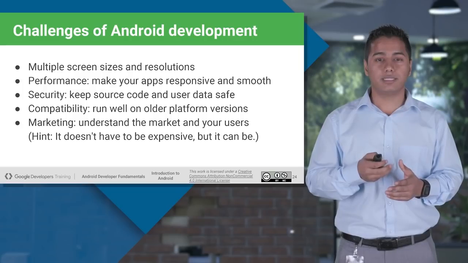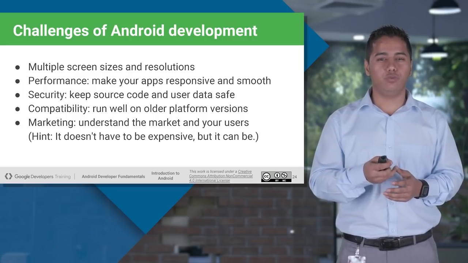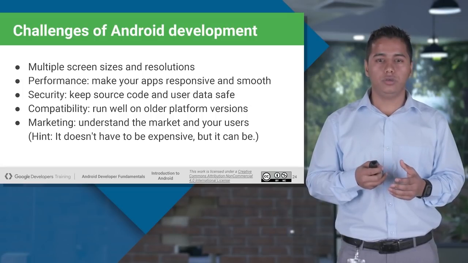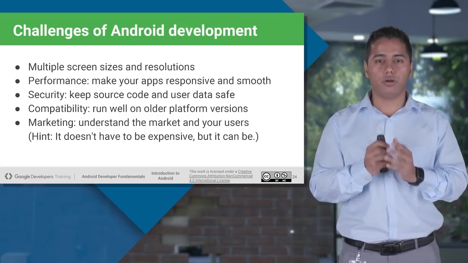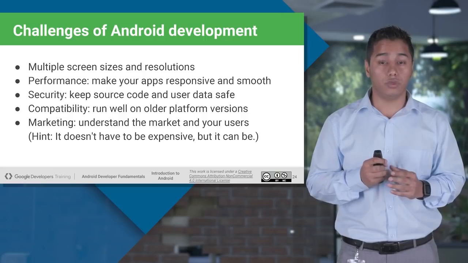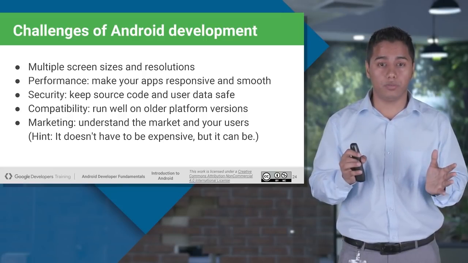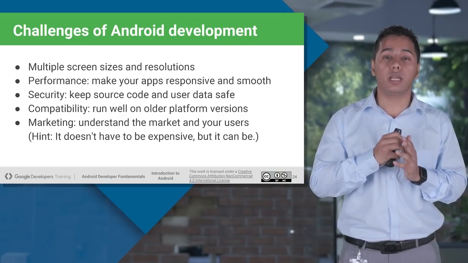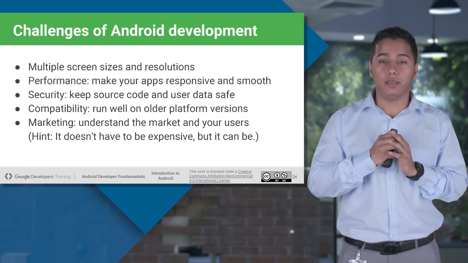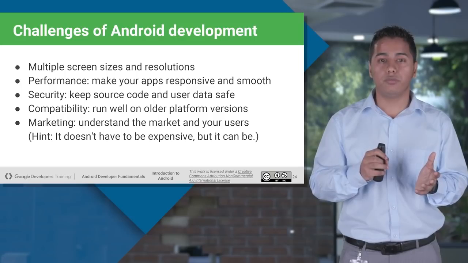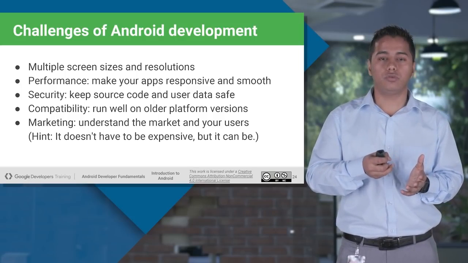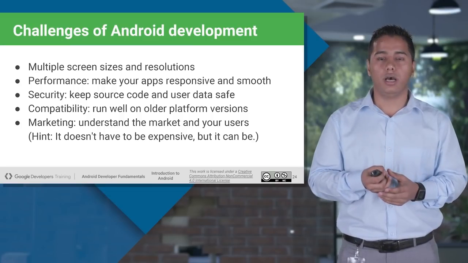Compatibility. Now that's an issue or challenge which you will be facing a lot. That's because you will be targeting a particular version, or you will be targeting a majority of people. That's what our aim is, so that whenever we develop an application, it can be used by a majority of people. But we cannot expect our application to run on each and every version.